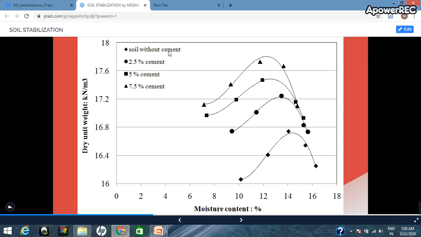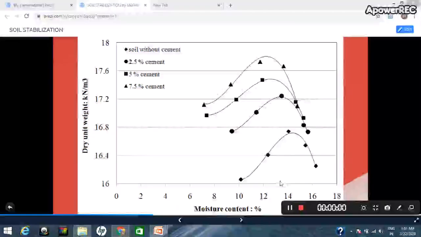The curves are for soil with cement at 2.5%, 5% and 7.5%. That means the first one is soil without cement. You can observe that the maximum dry density is lower. As you increase the percentage of cement, to 2.5%, the maximum dry density increases and the OMC decreases.